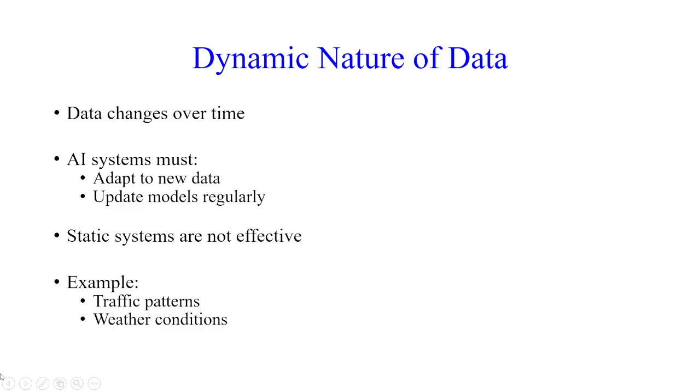Next, we'll talk about the dynamic nature of the data. This is one of the most challenging aspects of working with data in AI, because data is not static, it changes over time.